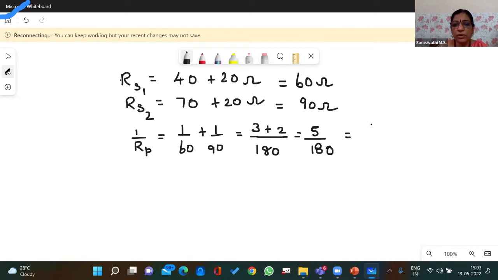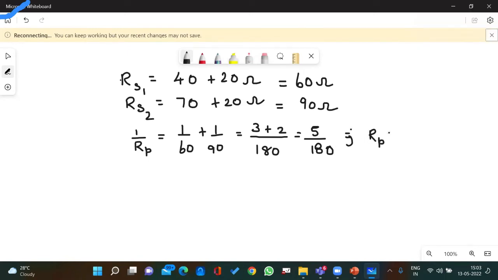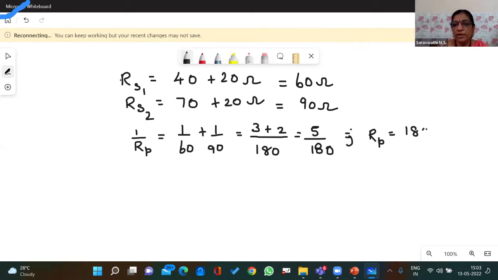Which is going to give you RP as 180 divided by 5. So what's the value? 36 ohms.